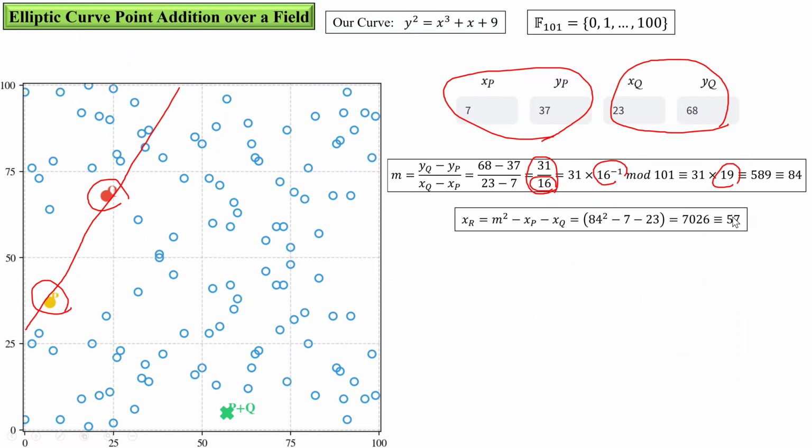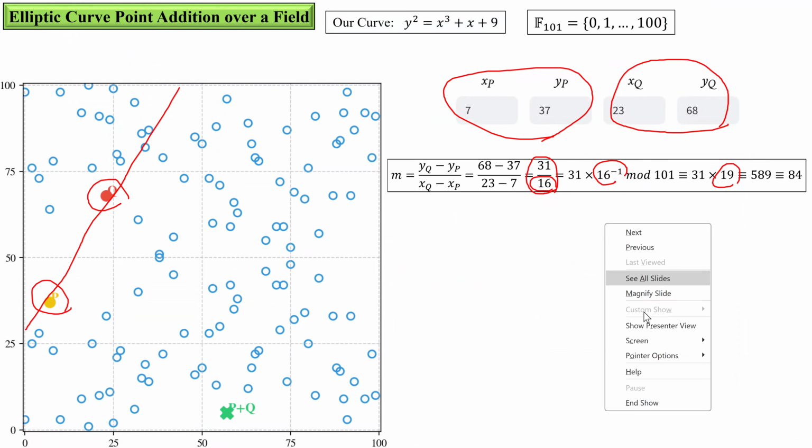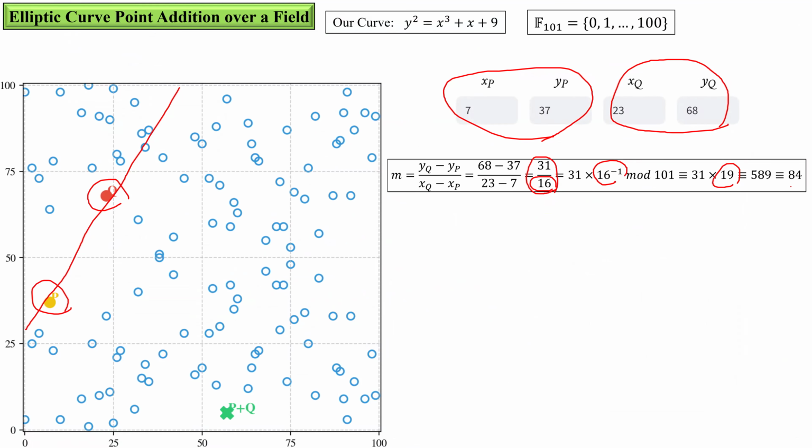And then by replacing the 19, we have 589. Again, if you compute using the website or manually, 589 equals 84 in mod 101, because all of the computation is done mod 101.